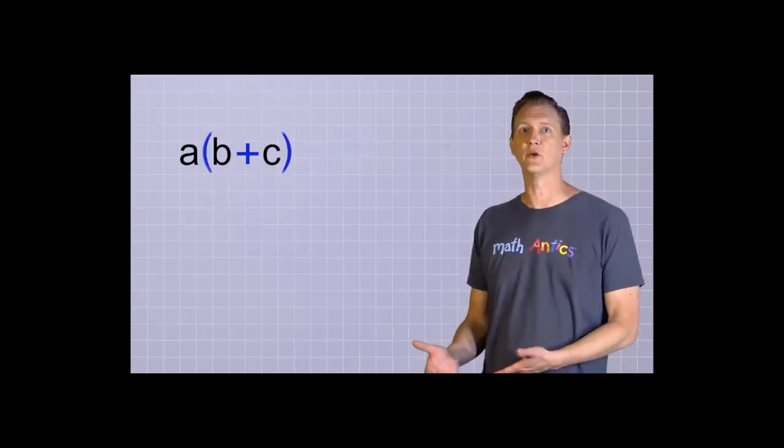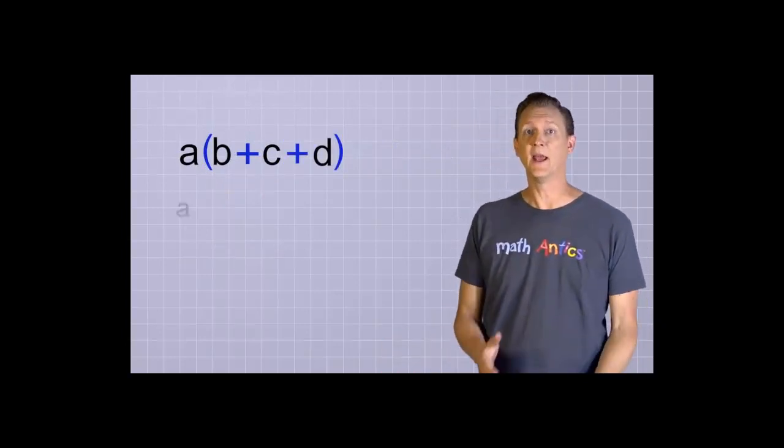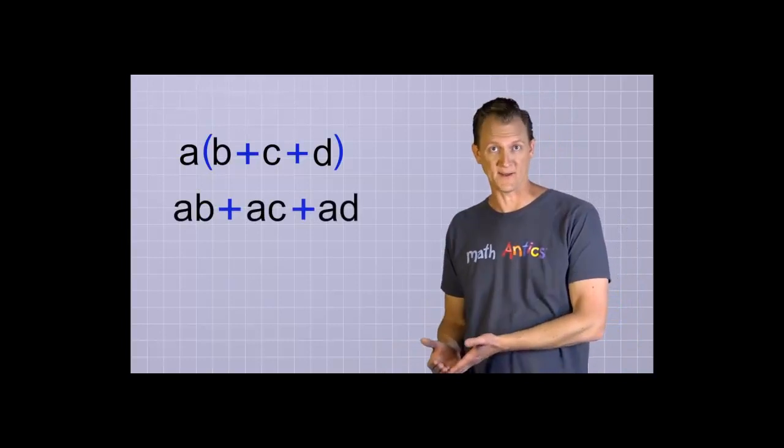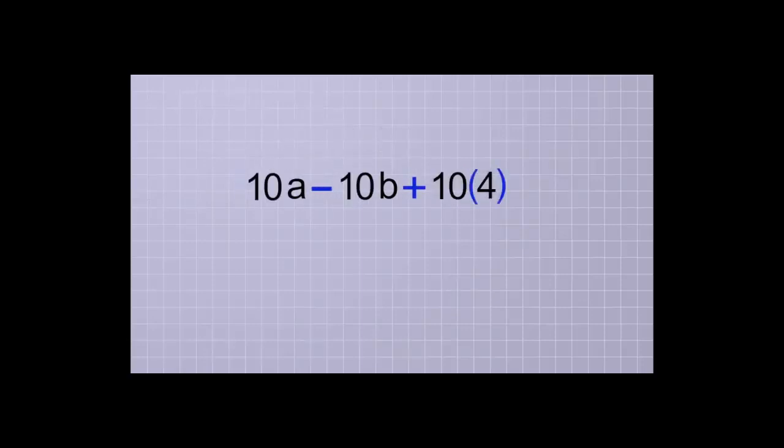We could have a times the group b plus c plus d, and the equivalent distributed form would be ab plus ac plus ad. Here's a few quick examples that have a combination of numbers and variables to help you see the patterns of the distributive property. 2 times the group x plus y plus z can be changed into the distributed form 2x plus 2y plus 2z. 10 times the group a minus b plus 4 can be changed into the distributed form 10a minus 10b plus 10 times 4, which is 40.